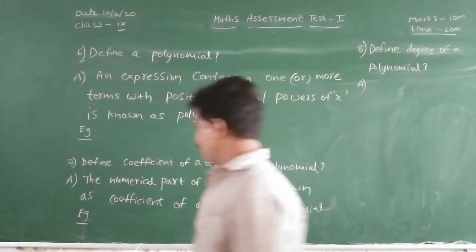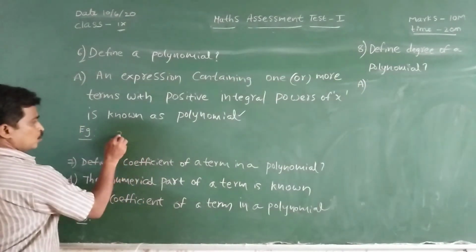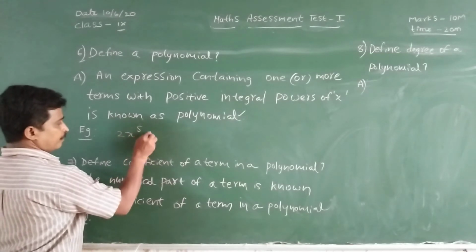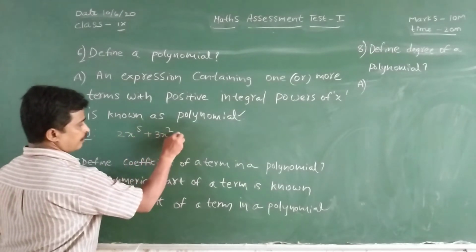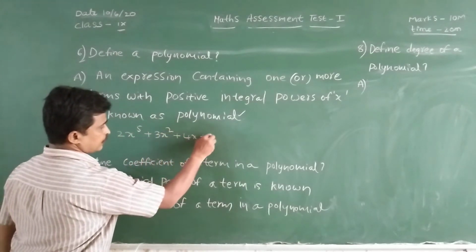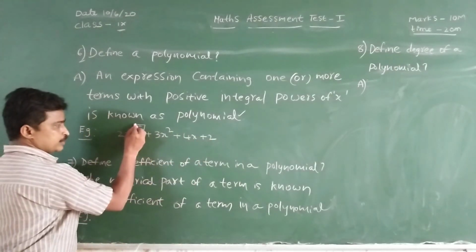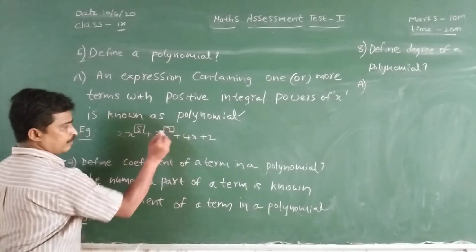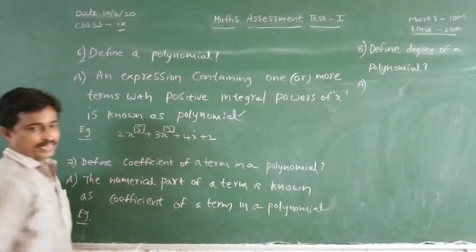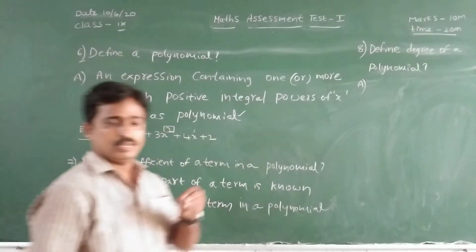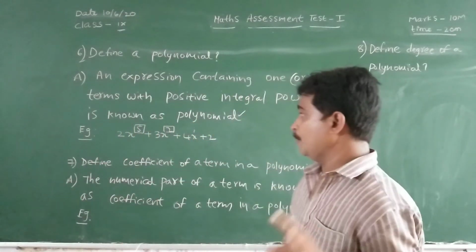An example of a polynomial is 2x power 5 plus 3x square plus 4x plus 2. Here you observe every power is a positive integer. So this is known as a polynomial.